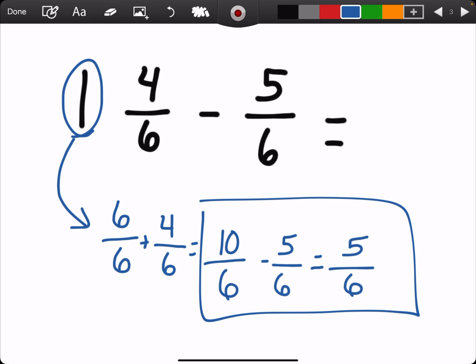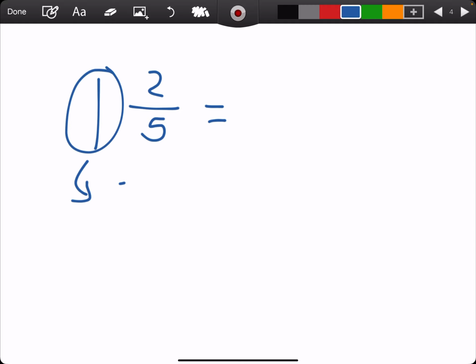5/6. Okay? So really, what I'm doing right here before I'm subtracting is taking a mixed number and converting it into an improper fraction. So really, if I had 1 2/5, okay, what am I doing by exchanging that 1 whole into 5/5, and then adding my 2/5 to it?